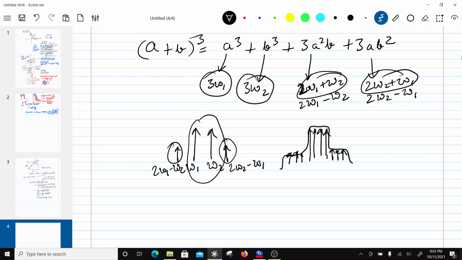These components are coming because of the third order mixing, and I'm considering a two-tone case here and a multi-tone case here, with only third order mixing. Now what will happen with the fifth order mixing? Fifth order mixing will also result in components over here, right? All odd order mixing will result in components like this.